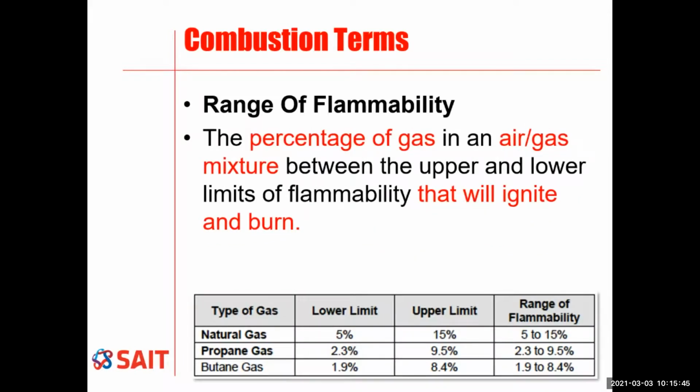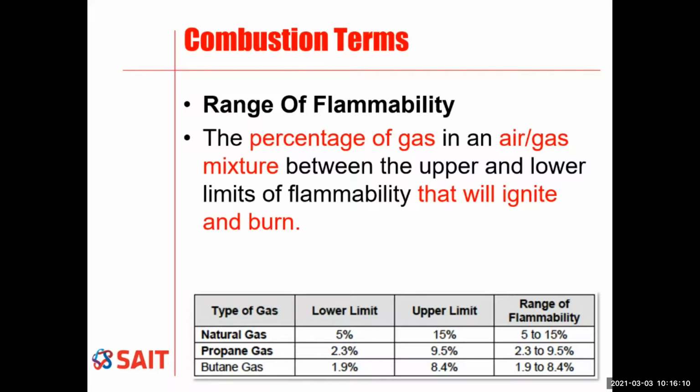Range of flammability. These numbers are the upper and lower explosive limits of the gases that we use, and this is where that gas will ignite. For natural gas, it says a lower limit of 5%. This is the percent of air gas mixture that we need for combustion.